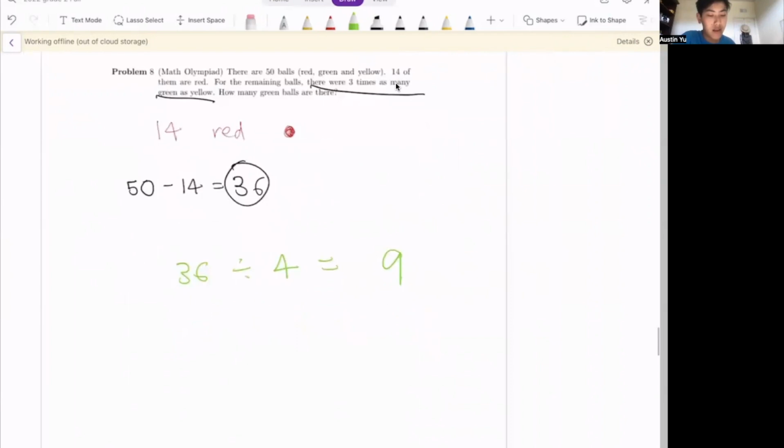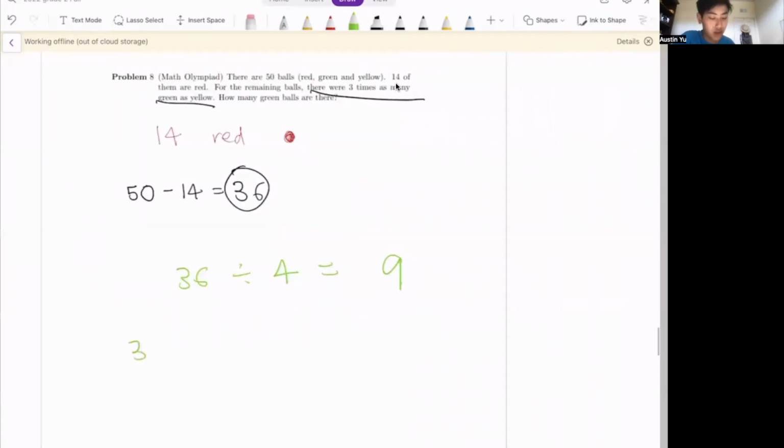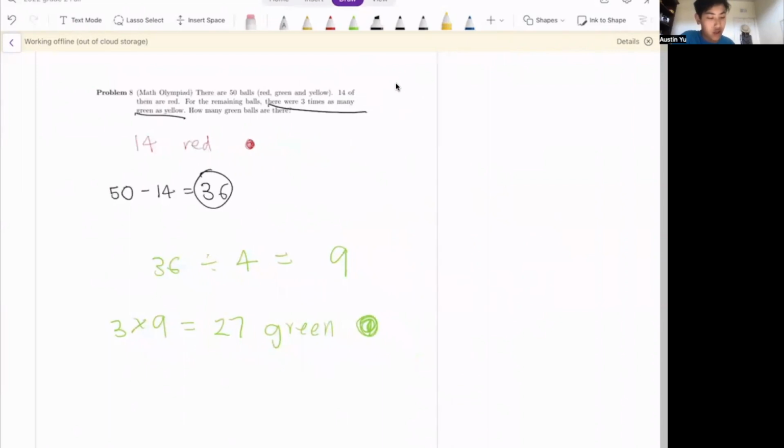And since there are 3 times as many green as yellow, we just do 3 times 9 equals 27 green balls. And for the remaining one, there is just 9 yellow. And as you can see, these numbers all add up to 50 balls. So how many green balls were there? There are 27 green.